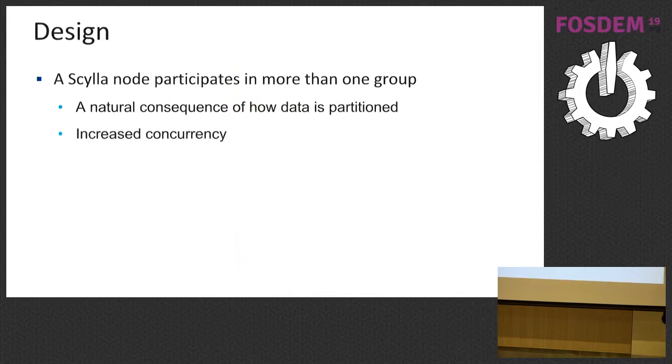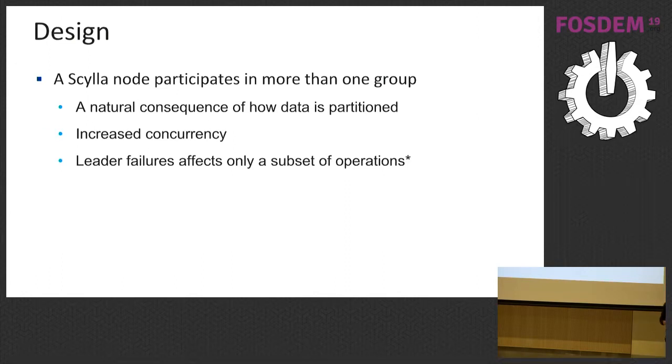A nice consequence of this is that we can have higher concurrency. All writes can go to different leaders, to different Raft groups. And if one of those leaders fails and we have to elect a new leader, there's going to be a brief period of unavailability. However, this will only affect a subset of operations.